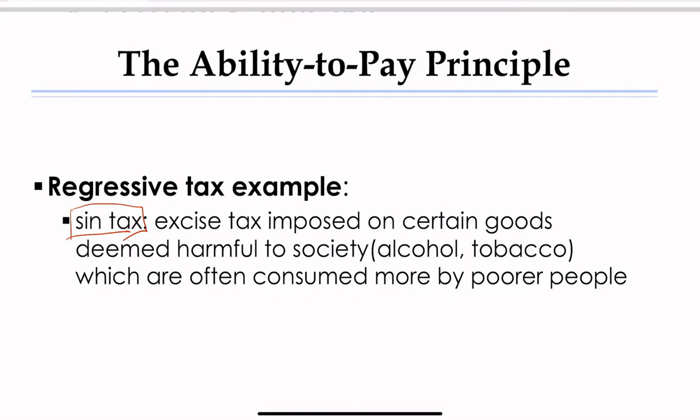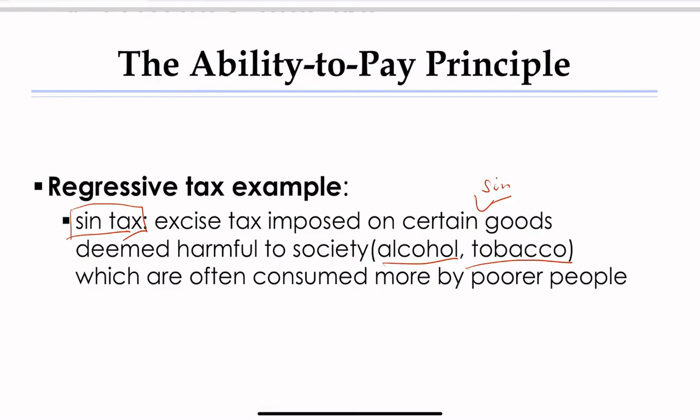These goods are considered to be harmful to health or to society, such as alcohol and tobacco. So if you buy alcohol or tobacco in certain countries, provinces, or areas, you have to pay additional tax. In this case, the sin tax can be considered a regressive tax.